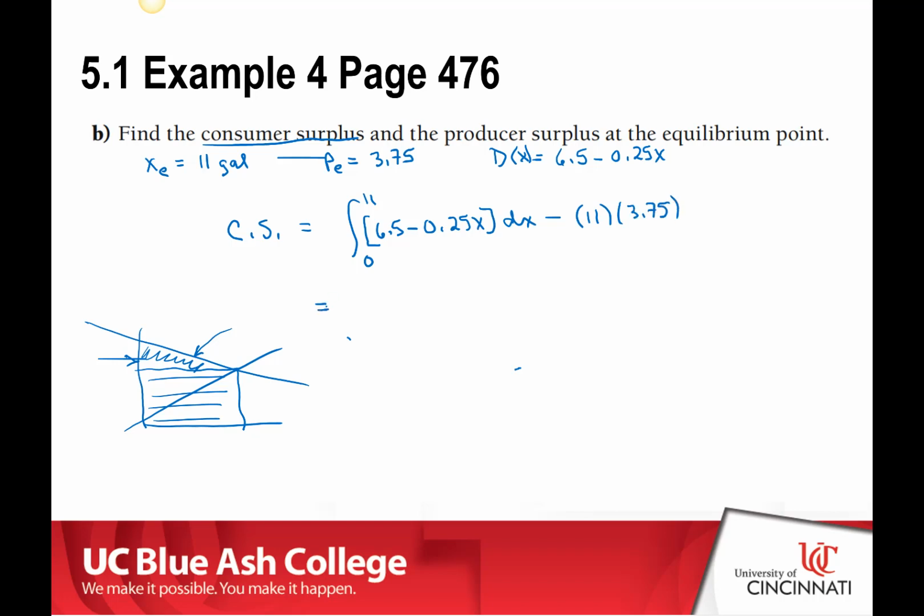On quizzes and tests at this point, I will just assume that you're going to write down the equation that you're going to evaluate and then just work it out in your calculator. When you do that, this particular consumer surplus works out to be $15.125.